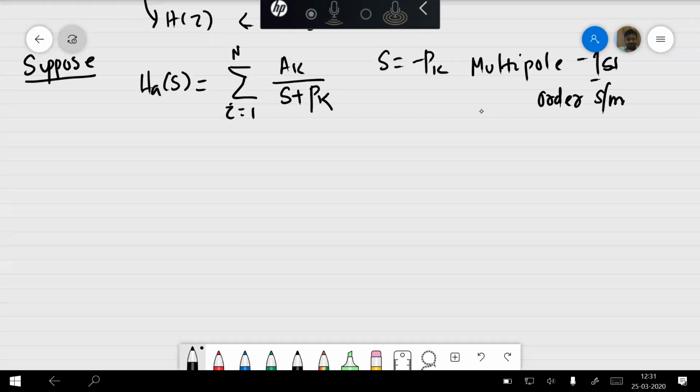Understand? This is a generic statement. Now again another condition, there is no repeated pole.